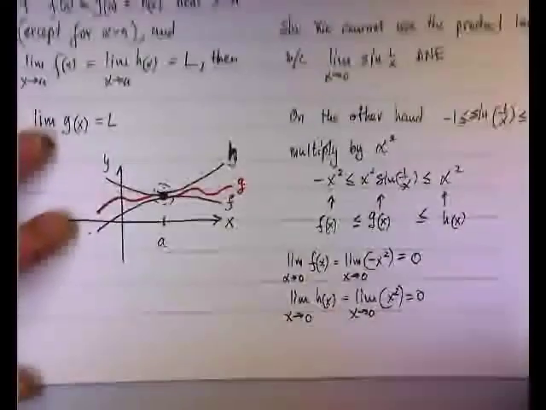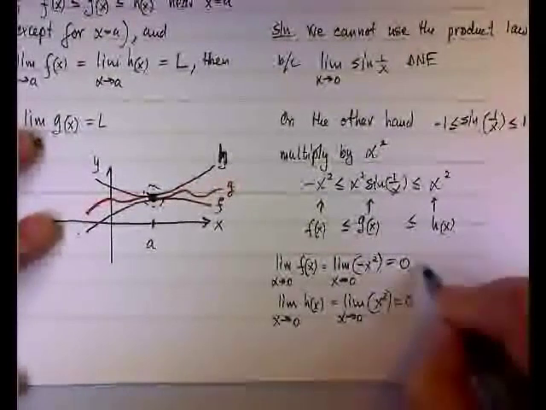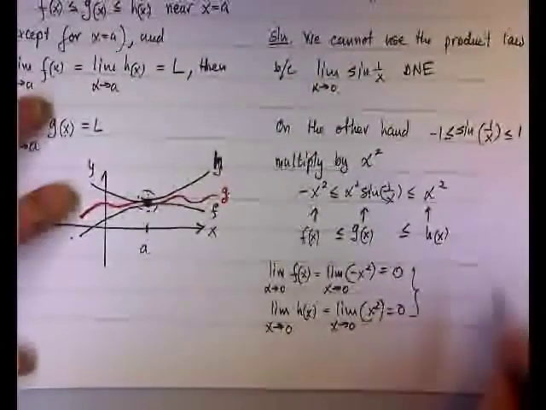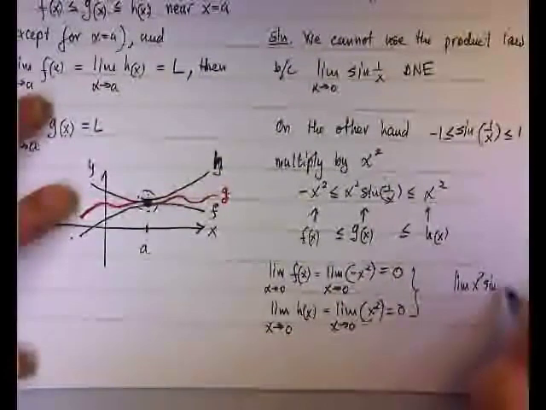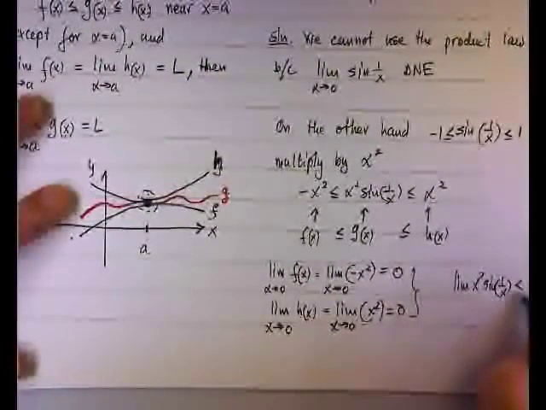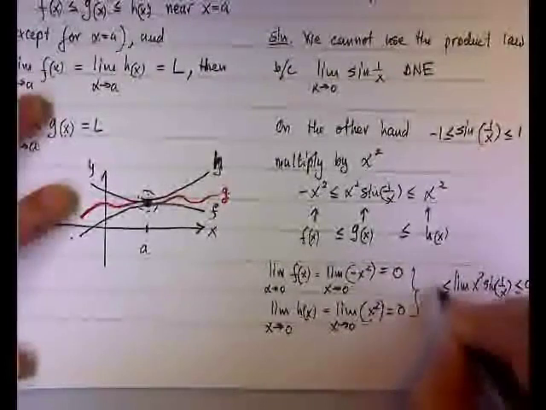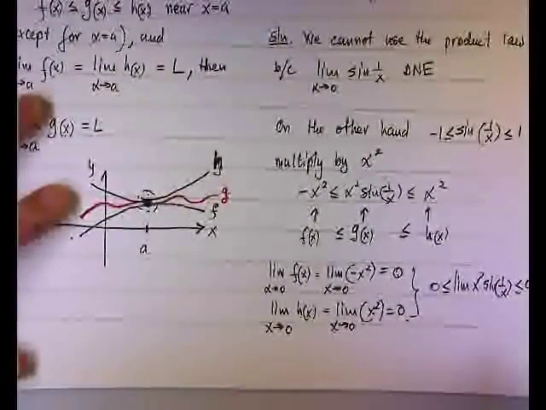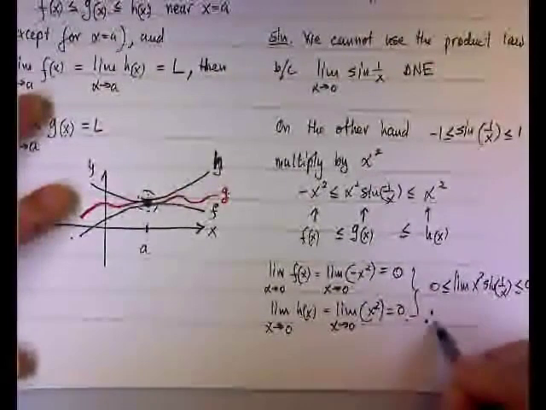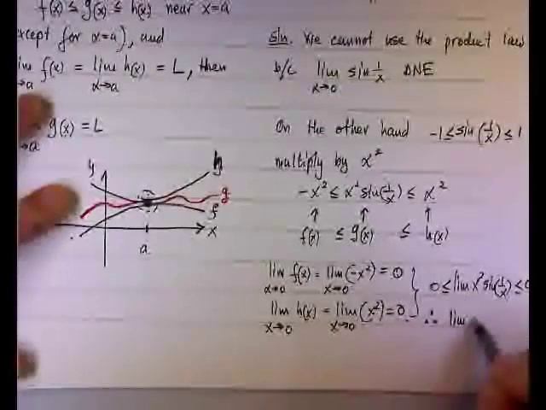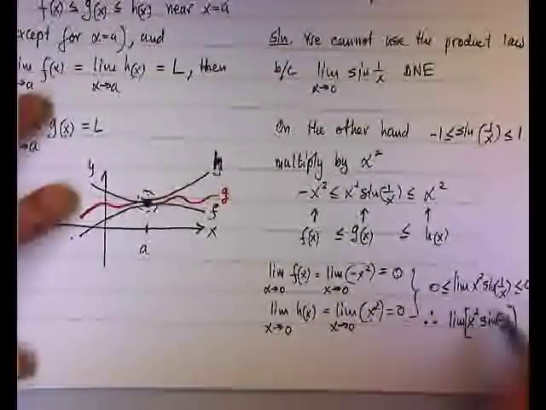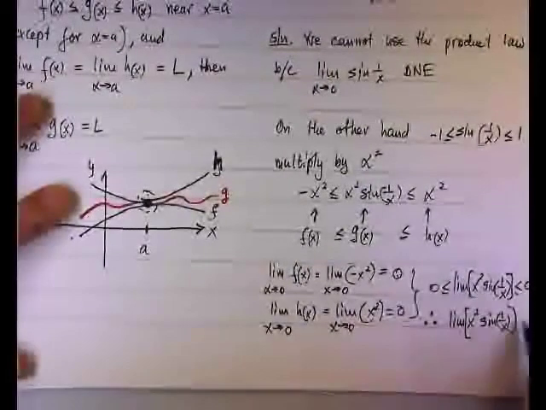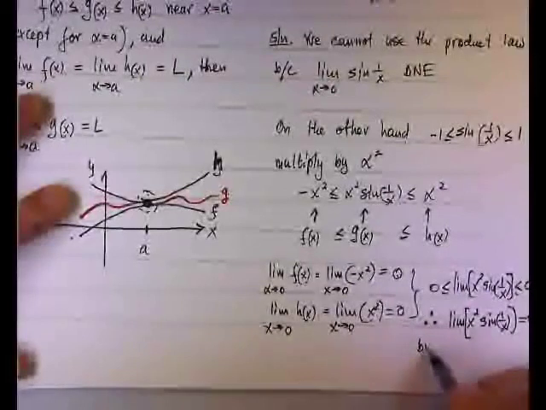So now we can say that the limit of x squared sine of 1 over x is bounded between the 2 zeros here and here, and therefore the limit of x squared sine 1 over x, like so, has to equal 0 by the squeeze theorem.